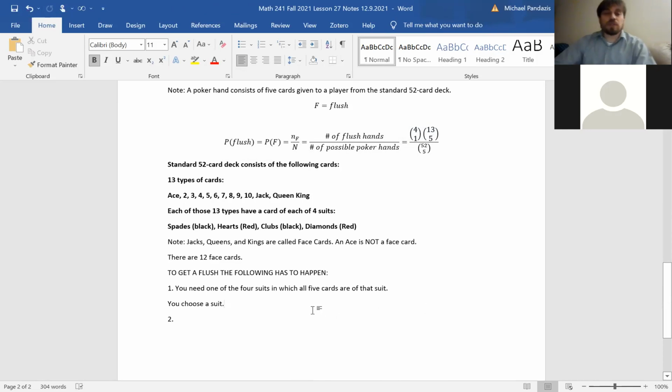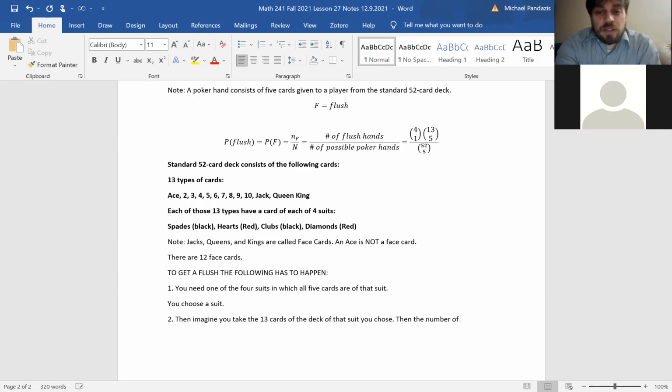To get a poker hand, you need to choose 5 of those 13 cards for your flush.